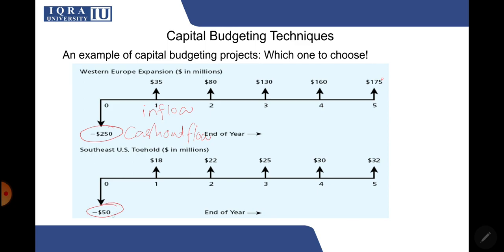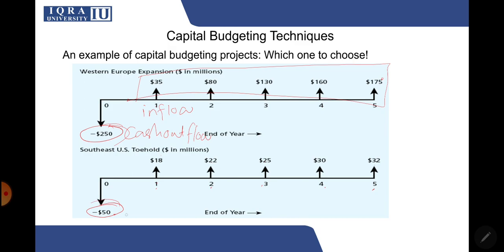So you have this project, and the second option that you have is to go for this project, which requires a little investment, an investment of 50. And later on it will give you a cash flow of 18 in year 1, 22 in year 2, 25 in year 3, 30 in year 4 and 32 in year 5. So you can see over here the investment is more and therefore the cash flows are more.